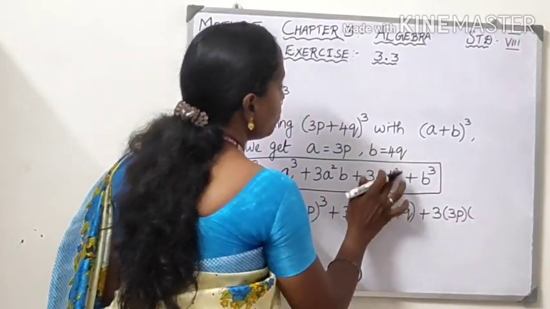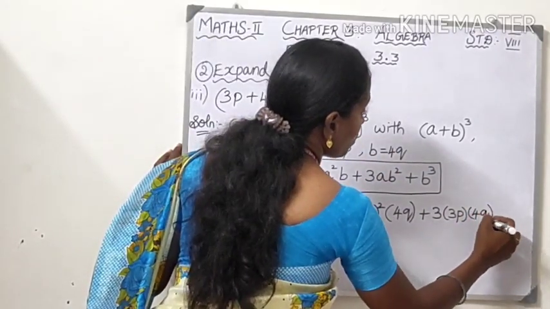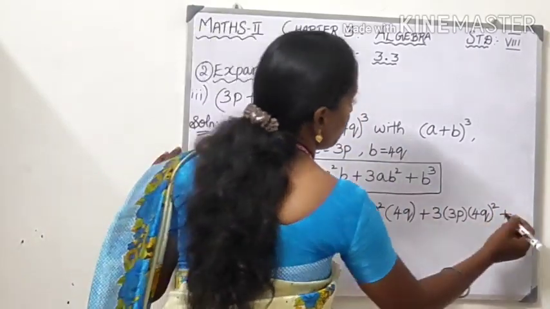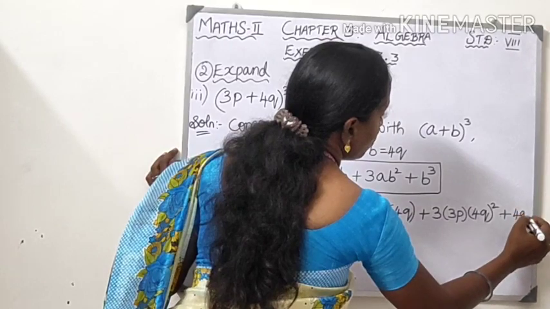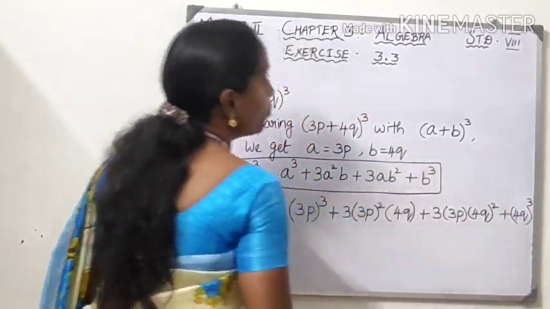What is the b value? It is 4q. Since we have square, we have to write (4q) the whole square plus, what is the b value? It is 4q, and since we have cube, we write (4q) the whole cube.